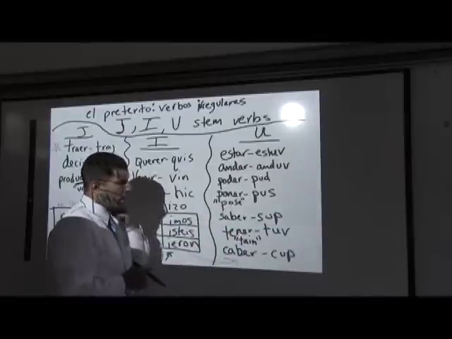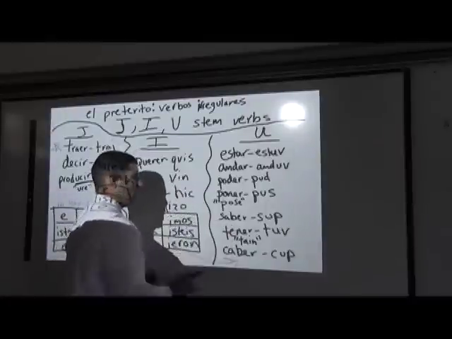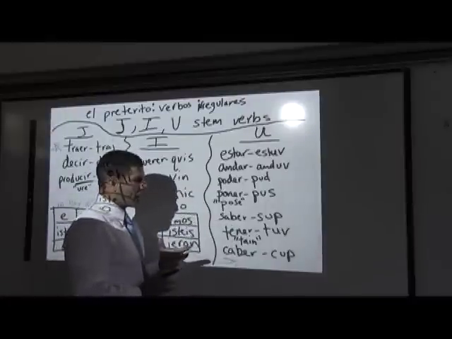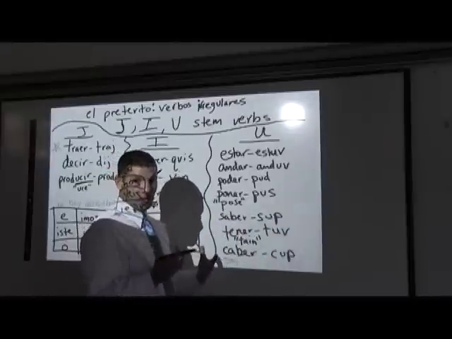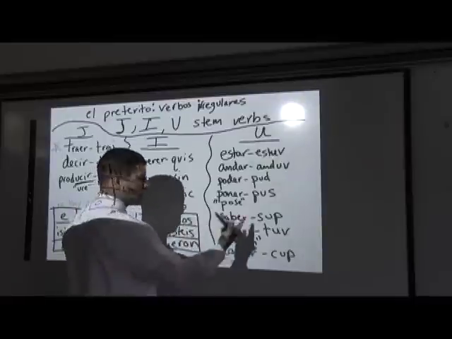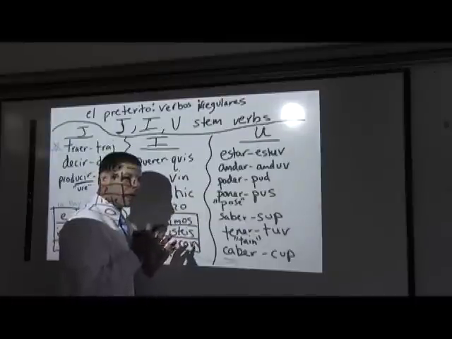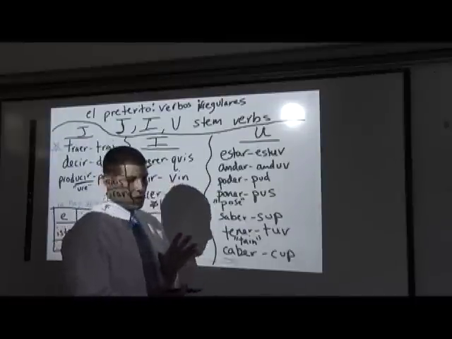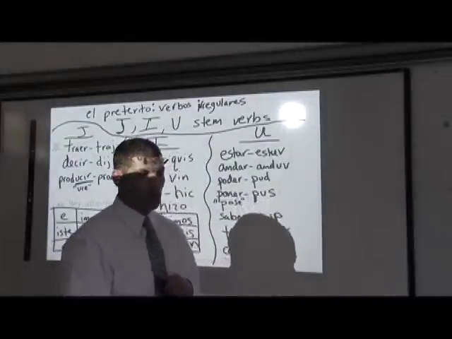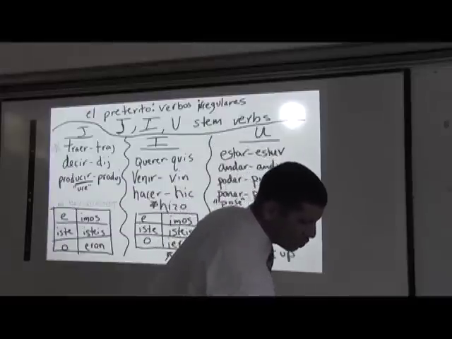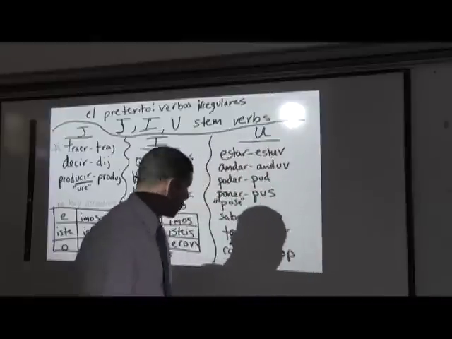Poner is "pose" usually, all right? So you think, to put something into place is to pose something a certain way. Saber, to know, how to know a fact or how to do something: sup. In the pretérito, it's going to be to find something out, because you didn't know and then you do. But sup is your stem. Tener, to have: tuv. Tener means to have by itself, but it is the root word when we add prefixes, like detener, to detain, retener, to retain, sostener, to sustain, and there are even more if you want to go through them.